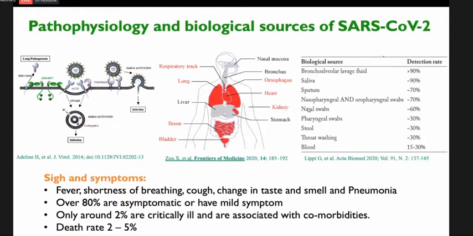Although the majority of cases are asymptomatic, a recent study has shown that the viral load detected in asymptomatic patients is similar to that of symptomatic patients, which may suggest transmission potential of asymptomatic or minimally symptomatic patients. Therefore, the identification of asymptomatic cases is also equally important.